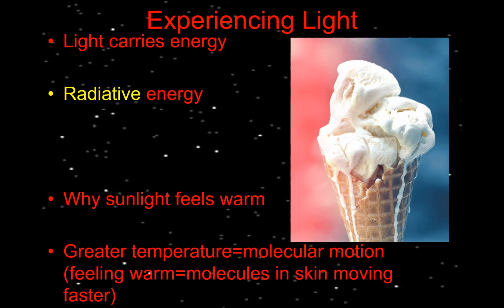When we're experiencing light, light carries radiative energy. That's why sunlight feels warm. The infrared part of the spectrum especially is transferring energy from a wave into actual movement of molecules. So take your ice cream outside and put it in the sun, it will melt.